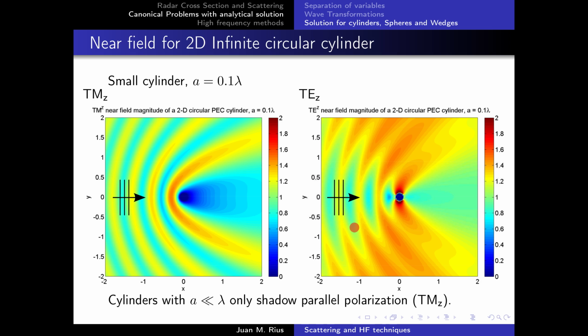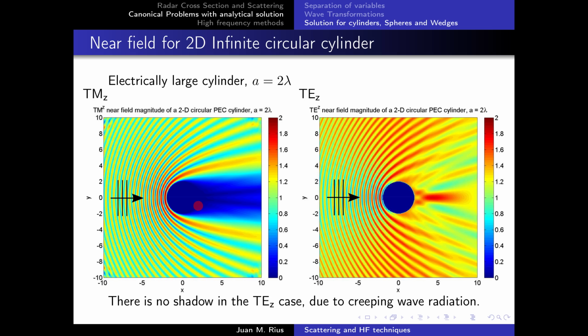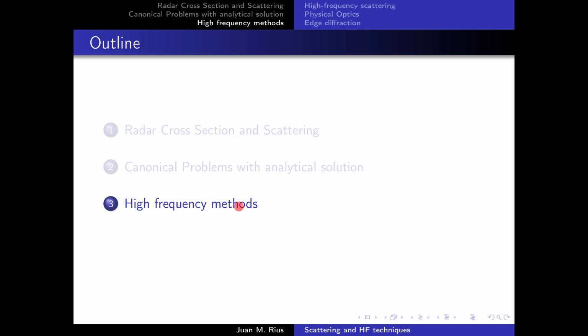So in the shadow region the fields are zero, so the induced current, which is equal to the tangent component of the total magnetic field, is also zero. For this reason we approximate the current as zero in the shadow region, and in the illuminated region we approximate the current with twice the tangent component of the incident magnetic field.